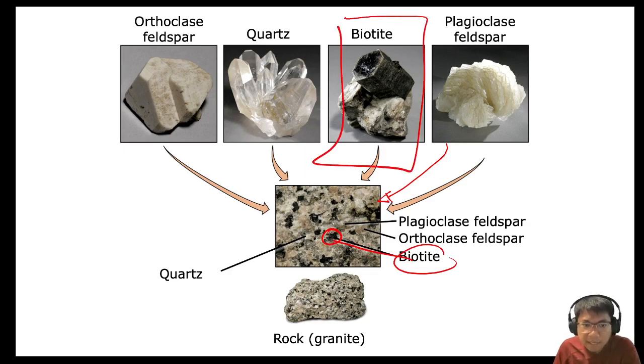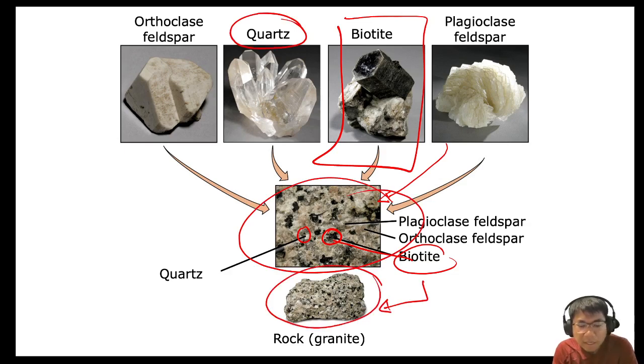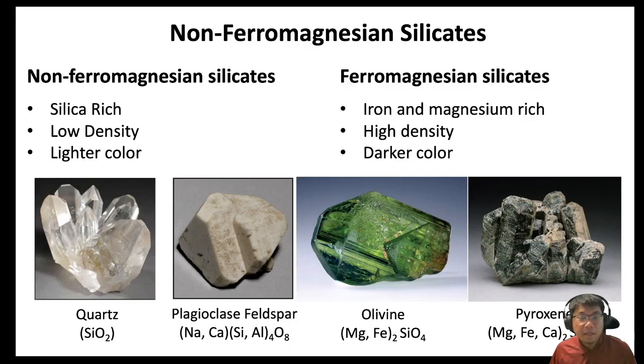And these colorless minerals could represent the quartz in the rock. This type of rock is called granite. This one is not a mineral, it is actually a piece of rock, of granite. And what is granite? If you don't remember, go ahead and review the lecture on Earth system, because I talk about that over there.